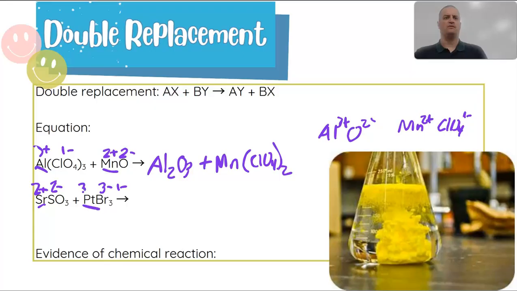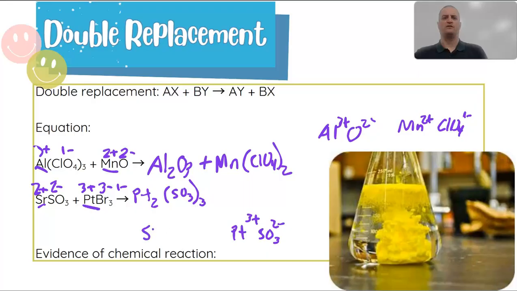So let's work on putting those together here. So platinum with its 3 plus is going to be with the SO3, 2 minus. Going to cross those charges, giving us our Pt and a 2 with SO3 in parentheses and a 3 coming from the platinum here.